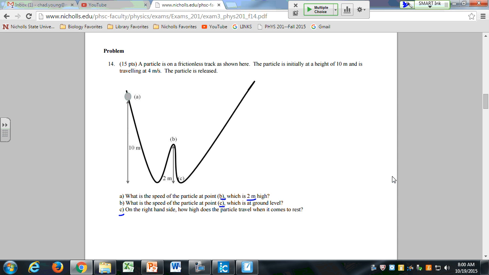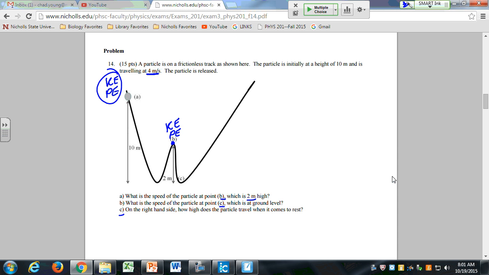I want to think about what types of energy I have. I have both kinetic and potential energy here. I know it has kinetic because it's traveling at 4 meters per second. And then at point B, I also have kinetic and potential energy.